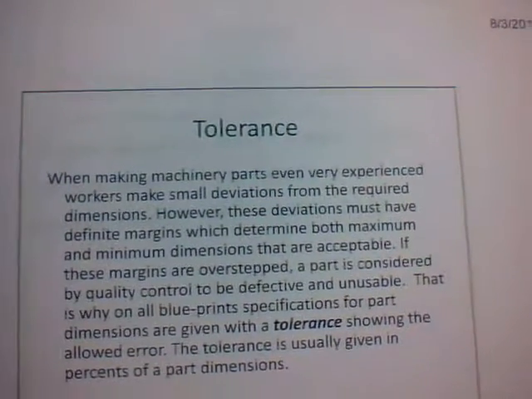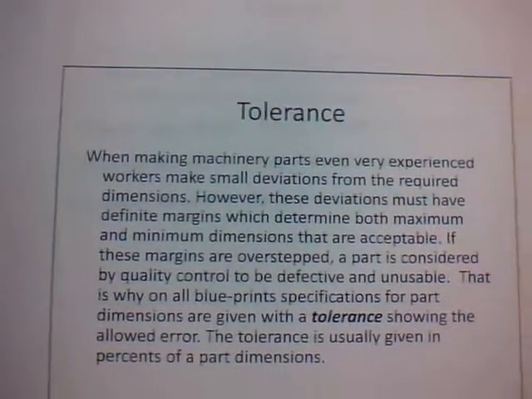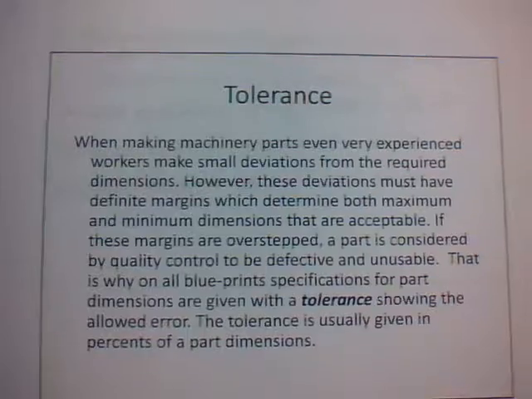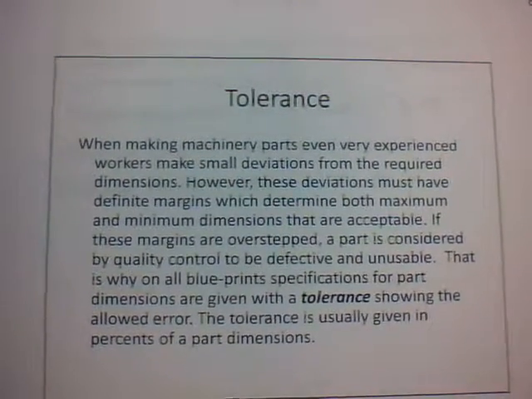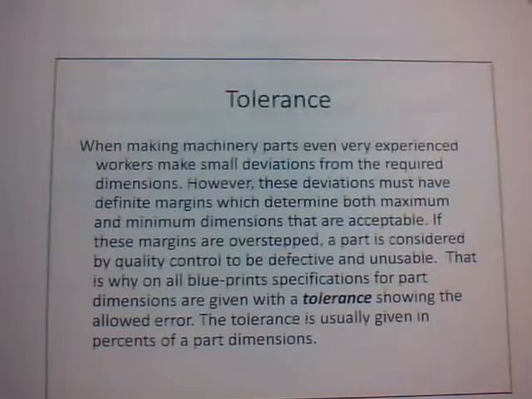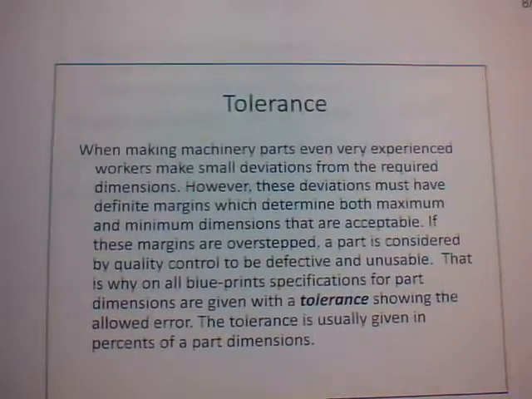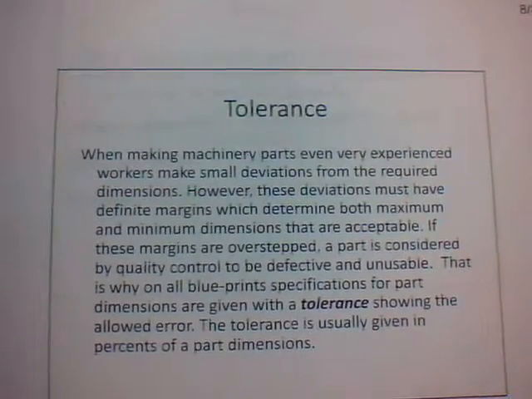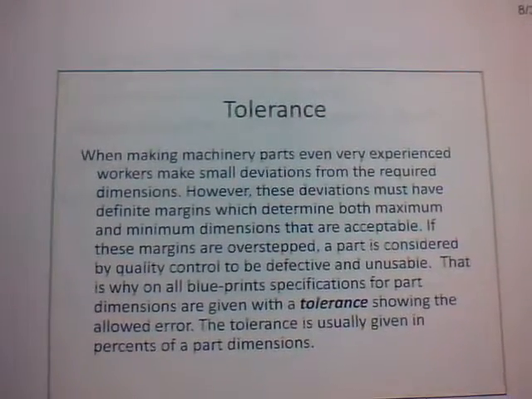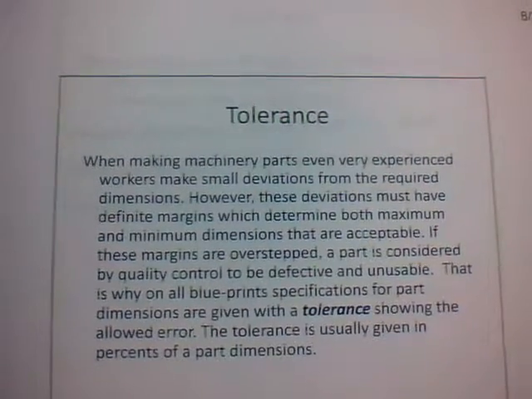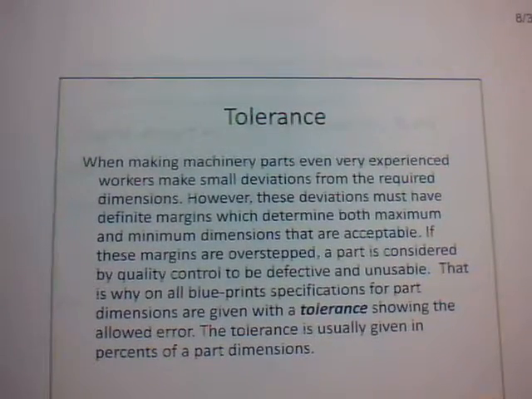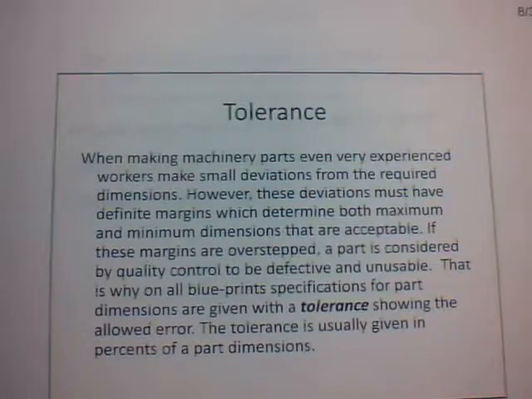All right, next is finding the tolerance. When making machinery parts, even very experienced workers make small deviations from the required dimensions. However, these deviations must have definite margins which determine both maximum and minimum dimensions that are acceptable.